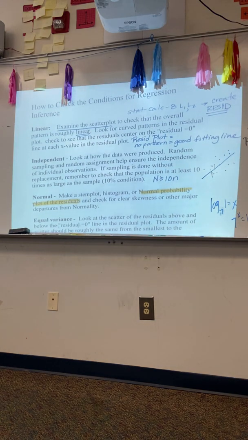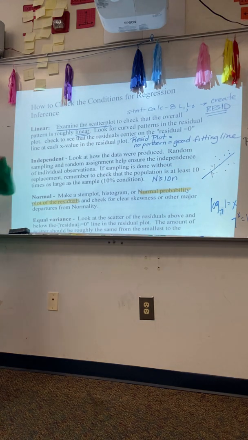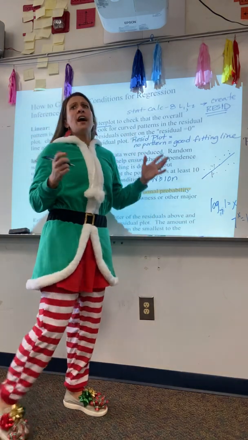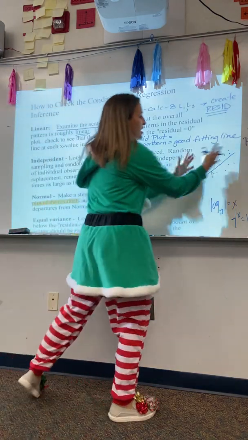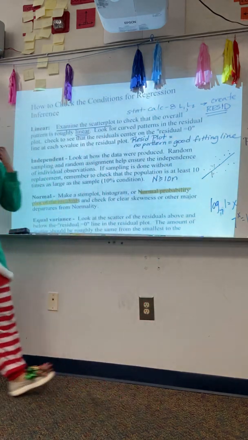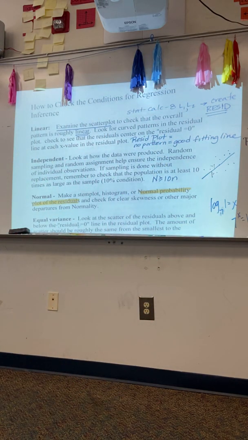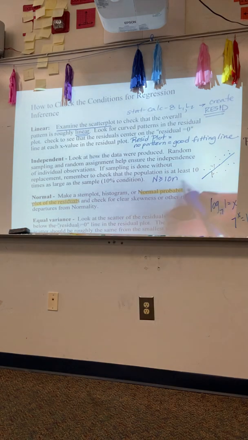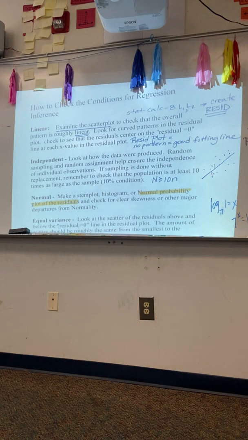I taught you that a long time ago, okay? All right, so we have all these residuals right here, and we just want to make sure that they are spread out normally, that they are approximately normal. So we're going to use the normal probability plot. I'll go through that with you, okay?